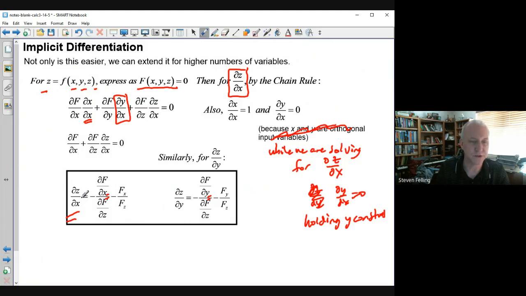So you take these letters and swap them. And similarly, if you want the partial derivative of z with respect to y, you end up swapping them, the partial derivative of f with respect to y over the partial derivative of f with respect to z, of this new function where we've got everything to the left. So it's extendable to a different number of variables, okay?